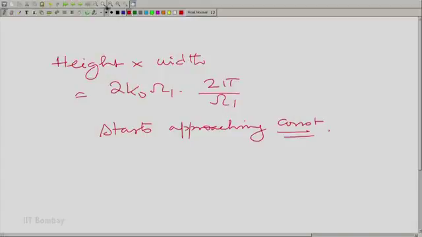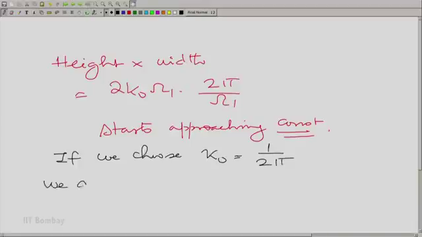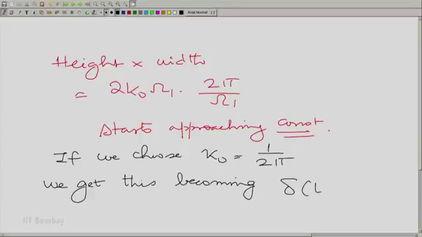The choice of kappa 0 can be such that that area can be made unity. In fact, it turns out that if we choose kappa 0 equal to 1 by 2 pi, we get this becoming a unit impulse, delta t minus t1.